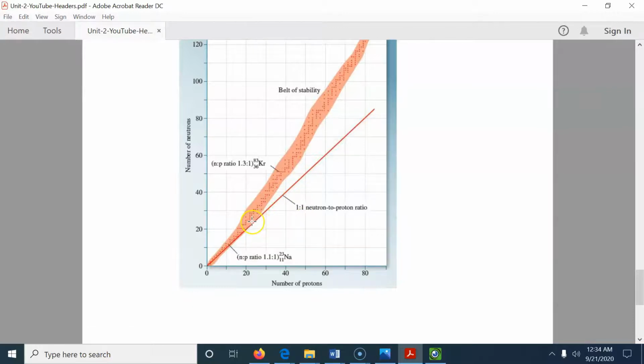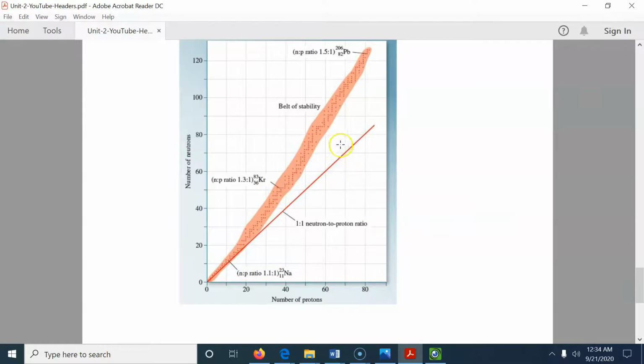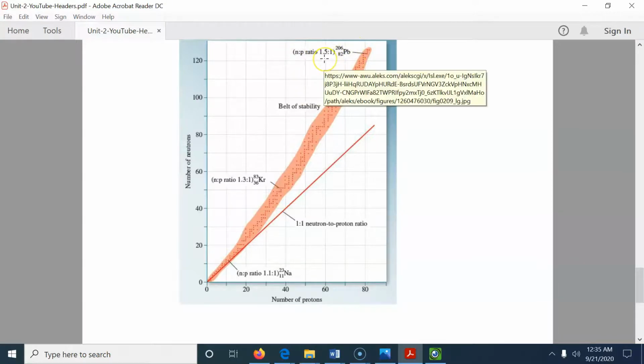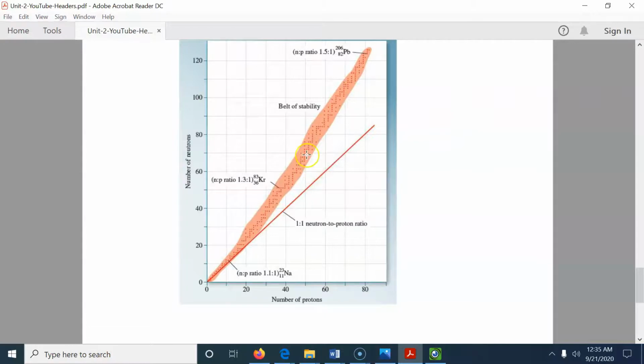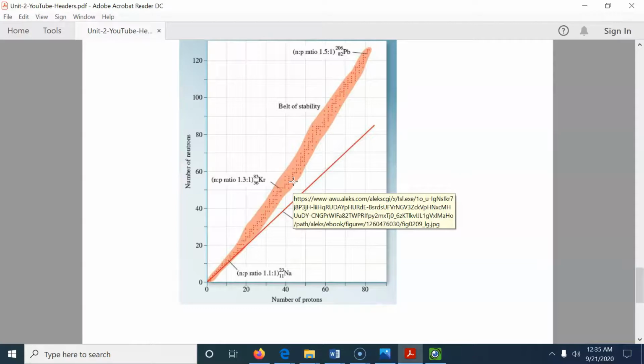Now, we said that as you get higher in atomic number, the ratio has to grow and increase. So here we have a neutron to proton ratio of 1.3 to 1, because it's a higher atomic number. If you get even higher, look at lead. Lead has a proton count of 82, and now in the belt of stability the ratio between neutrons and protons is now 1.5. Anything that's within the shaded region is a stable nuclei.